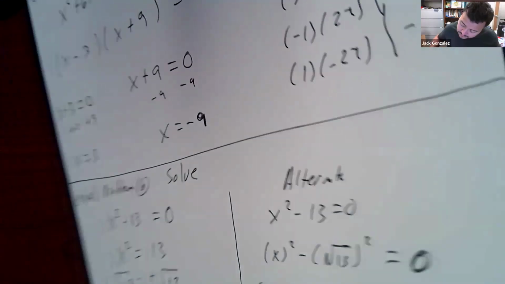From 6, 7. Let's do another one that you got to square root both sides.